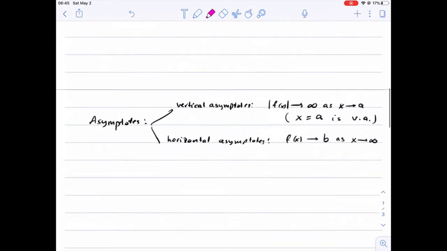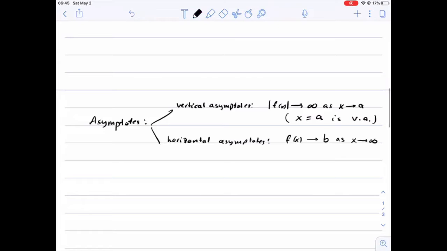So 0 is b here, so the graph of the function f of x approaches b as x goes to infinity. An example of this is the function f of x equals (x minus 1) over (x plus 1). This approaches 1 as x approaches infinity.